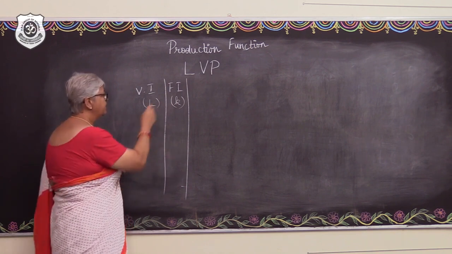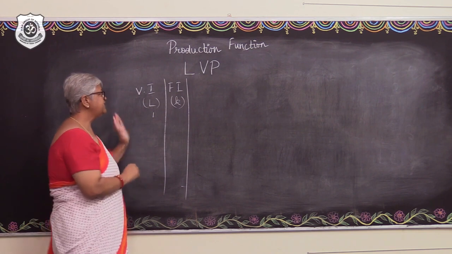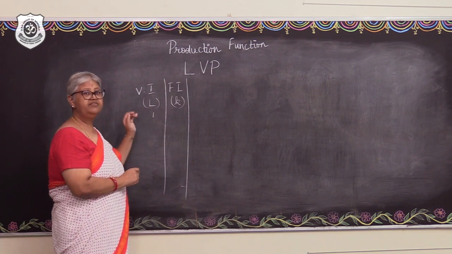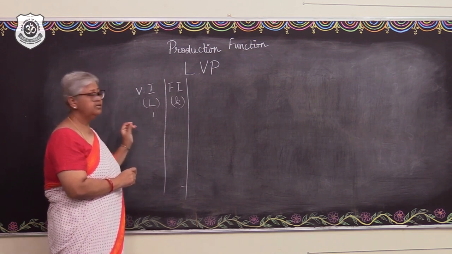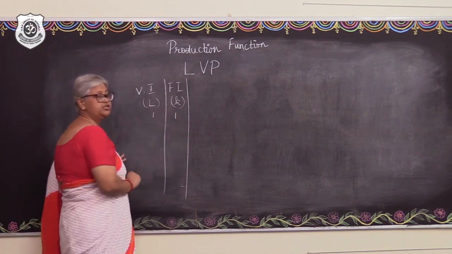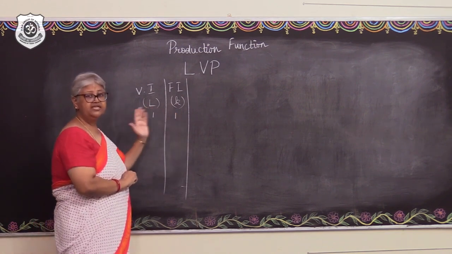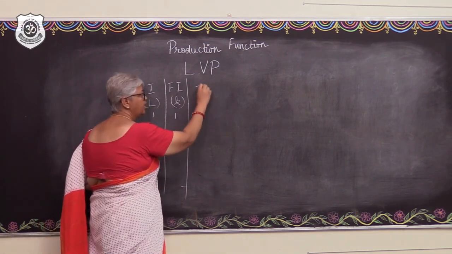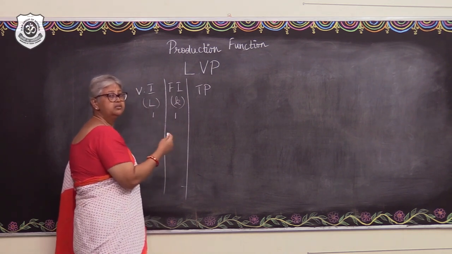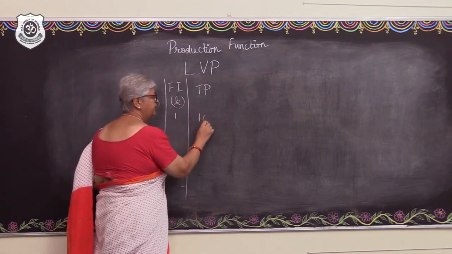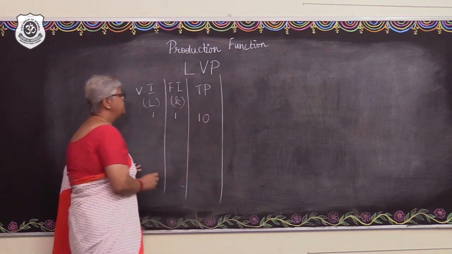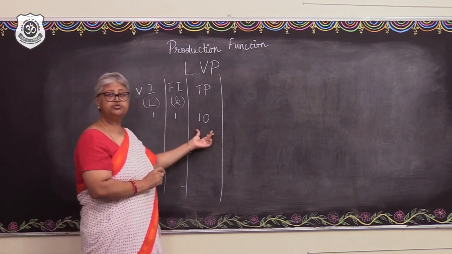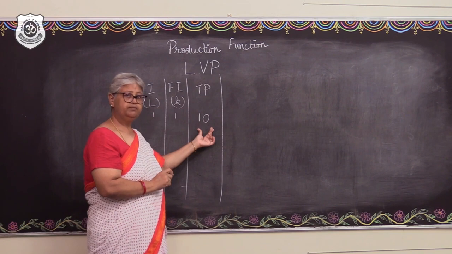Now, when the very first laborer is inducted into the work with 1 unit of capital, a combination of 1:1, what is that going to result in as the total product or total output? It could be, let us say, 10. That is, one laborer working with 1 unit of capital produces 10 units of output.